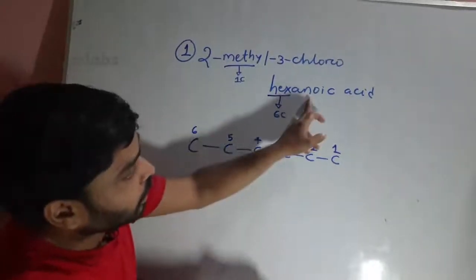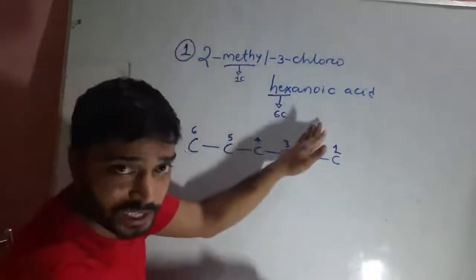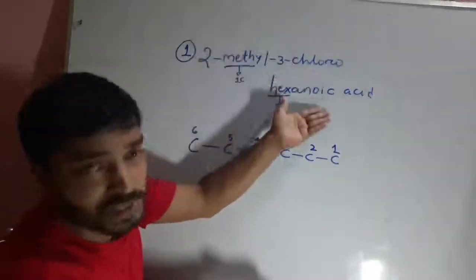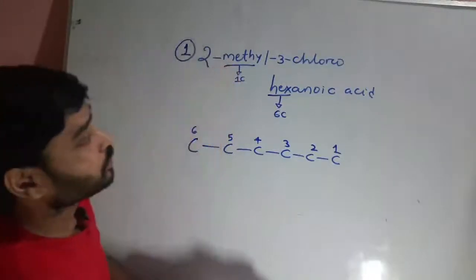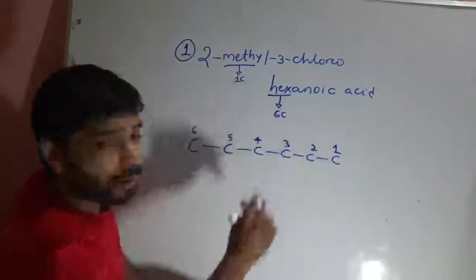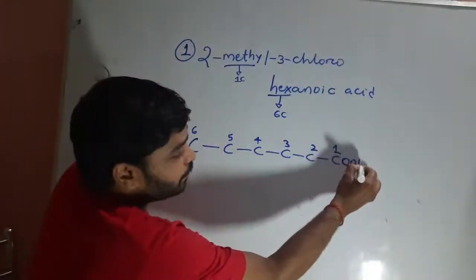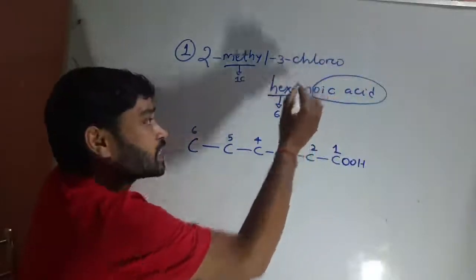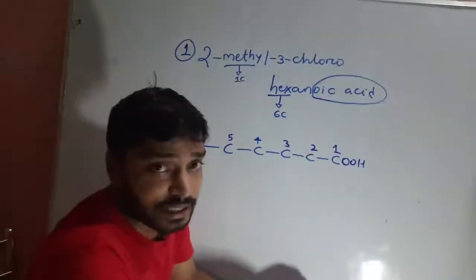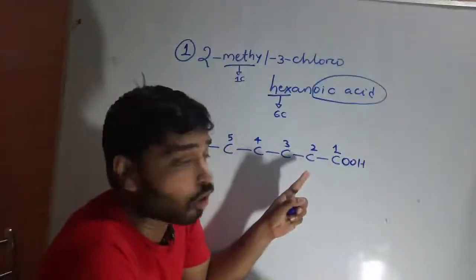One can go from the substitution side to the main functional group side, or from the main functional group side to the substitution side. Here the main functional group is COOH. Oic acid always expresses the suffix of carboxylic acid, so I have written the carboxylic acid functional group, COOH.